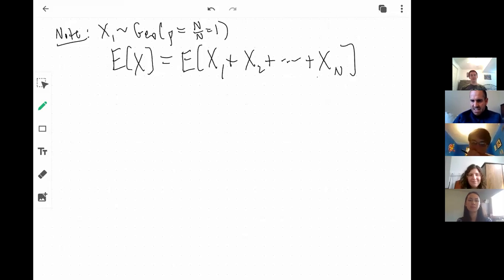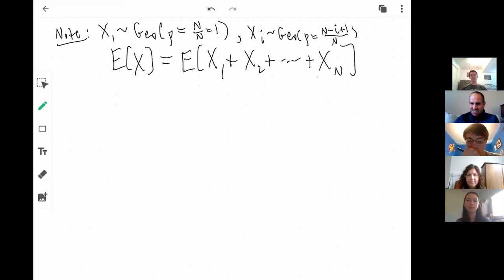So that even obeyed the pattern that we've been dealing with, namely that xi is always geometric with proportion of success n minus i plus 1 over n. That even works for i equal to 1. If I plug in i equal to 1, I get exactly the original thing. Okay? And now I can just add up these things.